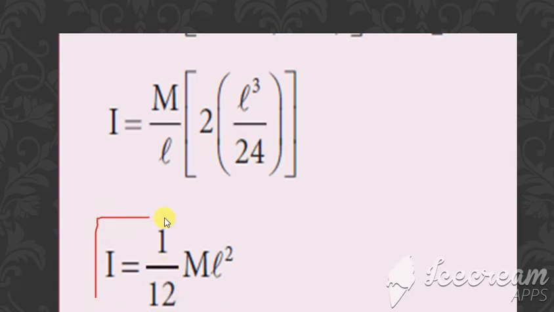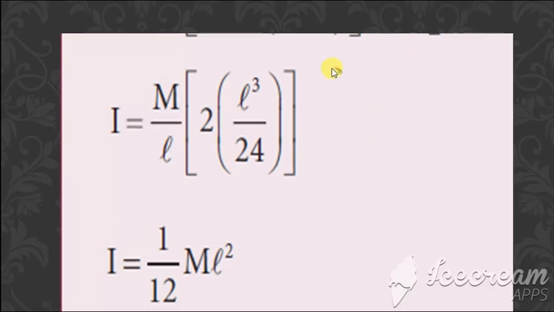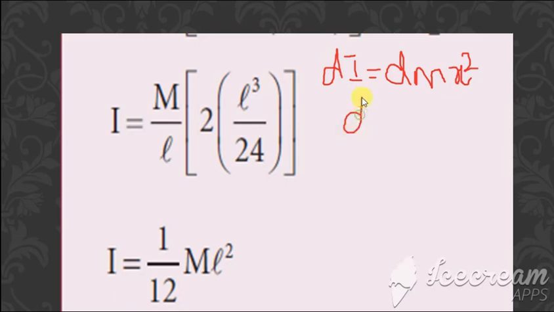So this gives the moment of inertia of a uniform rod with the axis passing through the center. Clear with this? The formulas used here are, first, dI is equal to dm into x square. The second formula is dm is equal to lambda into dx.